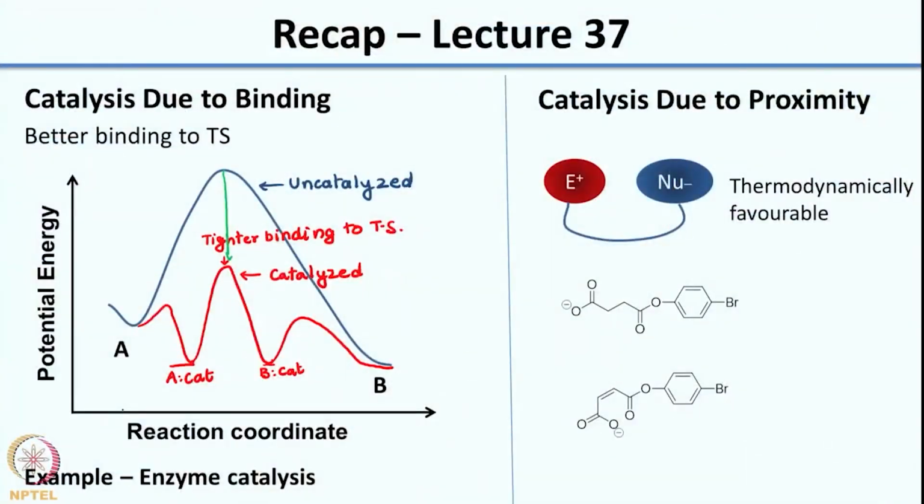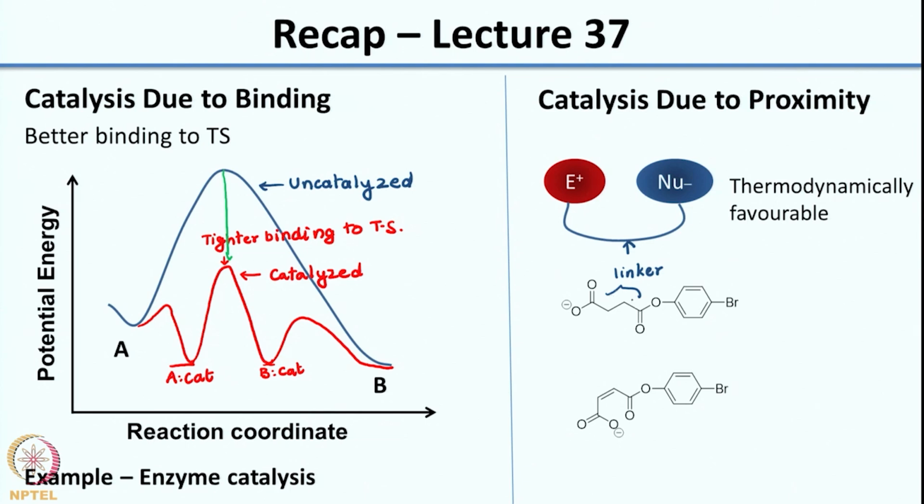So we had looked at a few examples, and I have shown you only one representative example here. So what is seen is, even among the intramolecular reactions, so these reactions are called intramolecular because both the components are part of the same molecule. So among intramolecular reactions, what you see is, if you have a linker, so this is the linker here, also shown by the blue thing joining the electrophile and nucleophile.